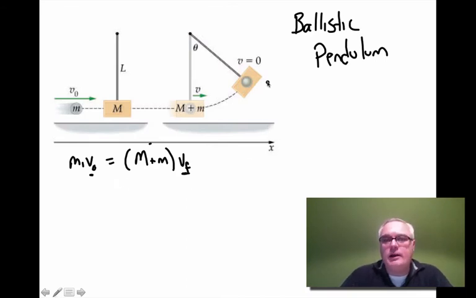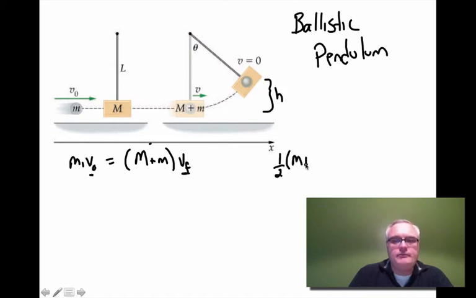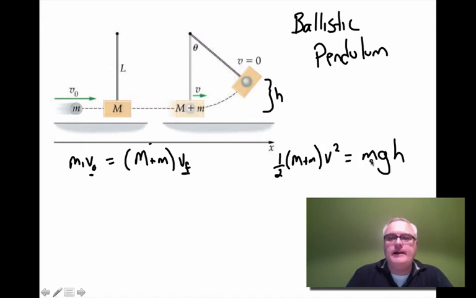Now, what we're going to use is conservation of energy to find that final velocity. So we know that the kinetic energy that it had here at the bottom of the swing gets converted into potential energy up here. So again, now we can say the kinetic energy of the pendulum, all of that kinetic energy gets converted into potential energy afterwards.